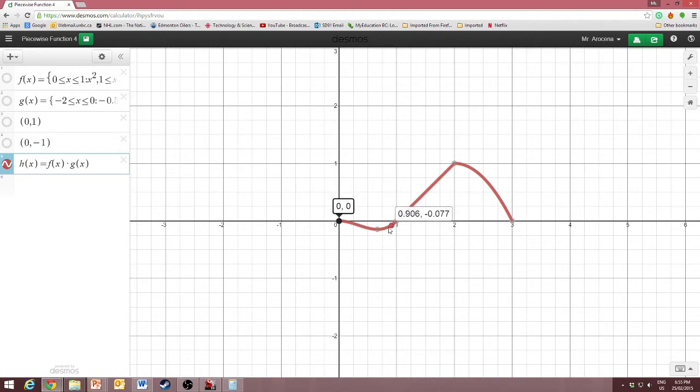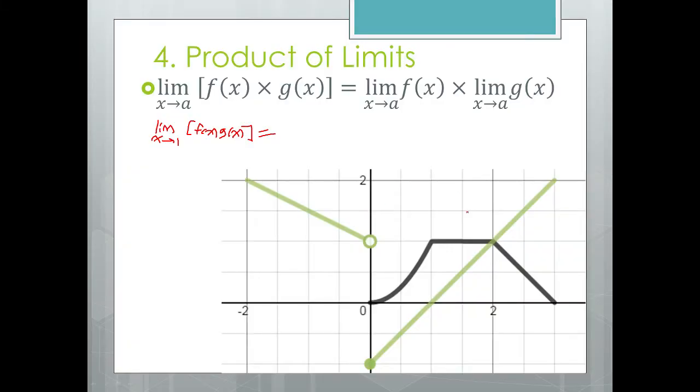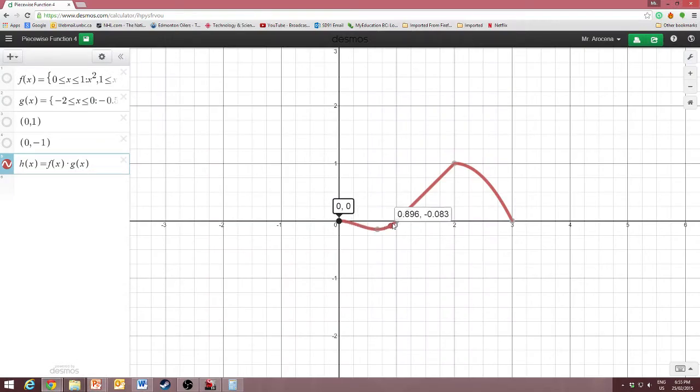If I were to look back here and actually calculate it according to this rule, the limit as x goes to 1 of f of x times the limit as x goes to 1 of g of x, well, this is just 1. This is 0. 1 times 0 is equal to 0. And when we graph the actual product of the functions, it is true. We end up getting 0, like that.